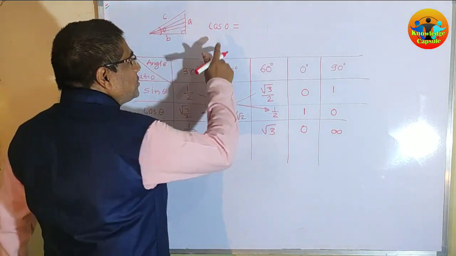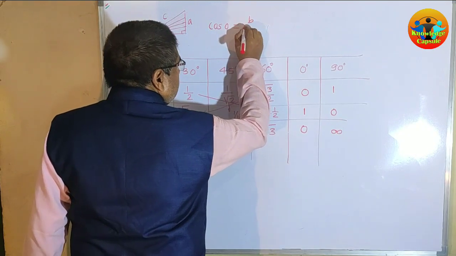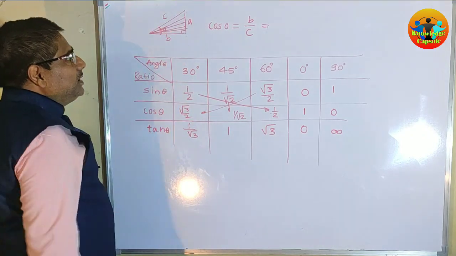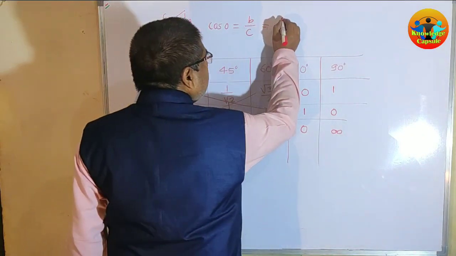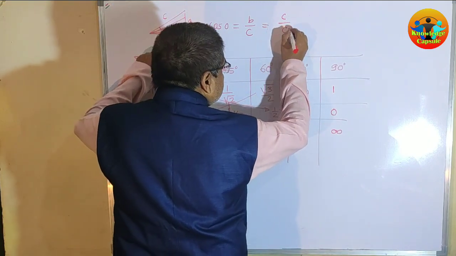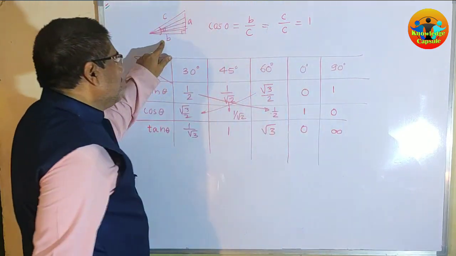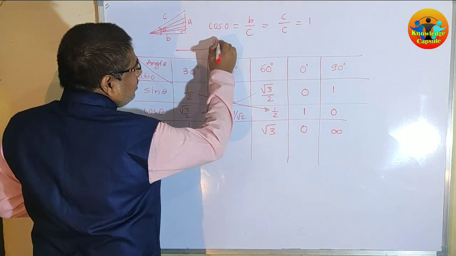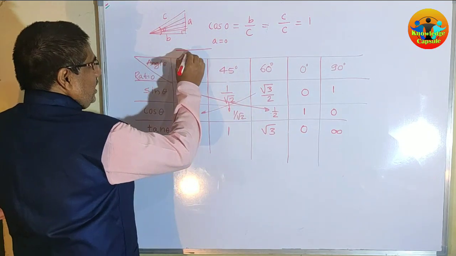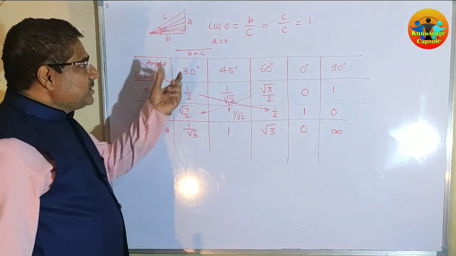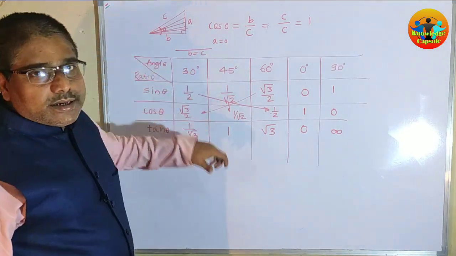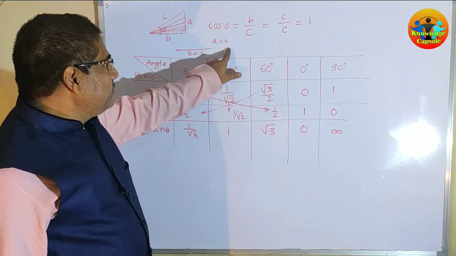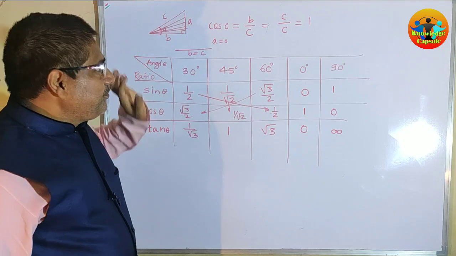Means for this cosine ratio, it is B by C, and when this theta becomes 0, B will become C, C divided by C, it is equal to 1. Means when this angle is 0, this A value becomes 0 and B value becomes C. Means this horizontal line is a special case of right angled triangle with theta equal to 0, with A equal to 0 and B equal to C.